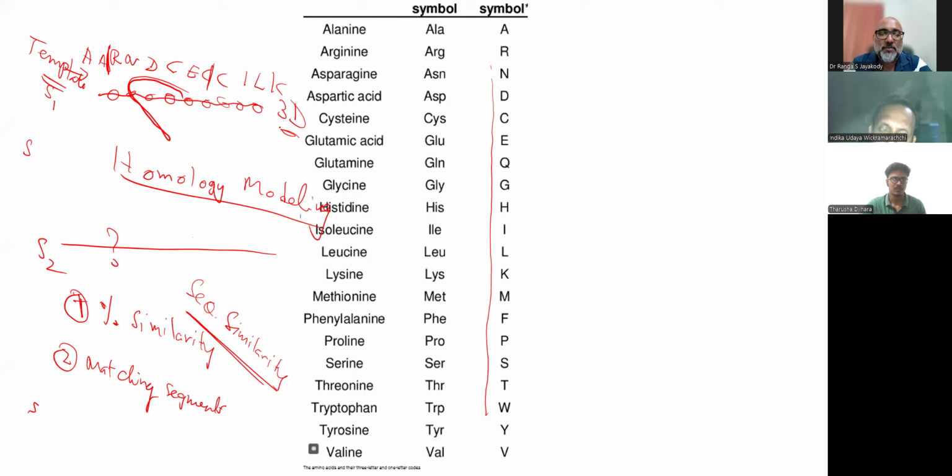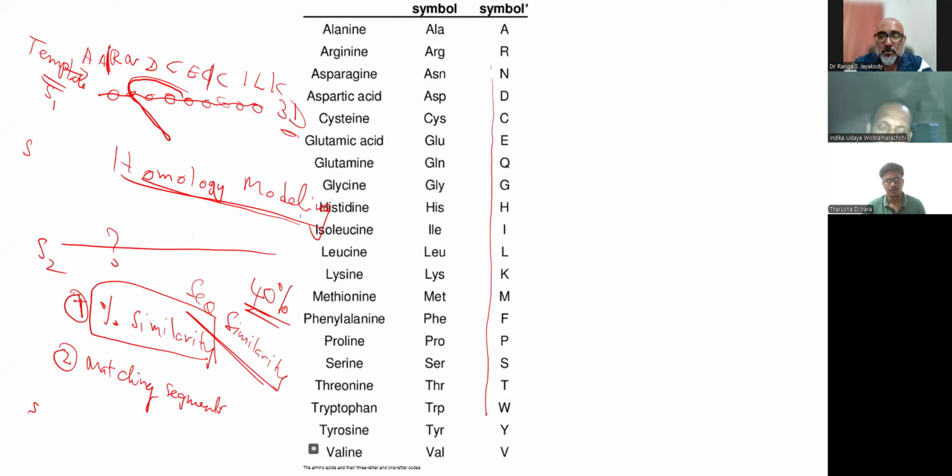So that is why we wanted the percentage similarity. If you want to use one protein as a template, we say that we need to have at least 40% of sequence similarity. If your template and your query sequence have less than 40% sequence similarity, you can't do homology modeling.